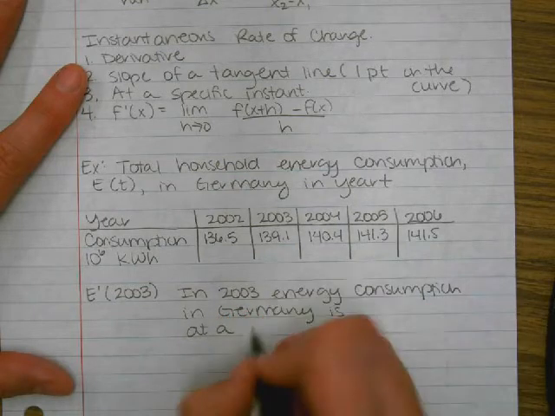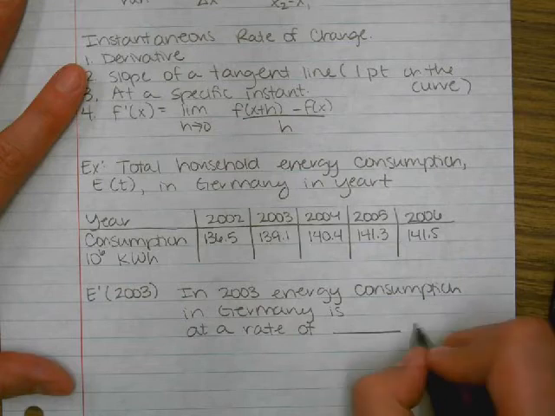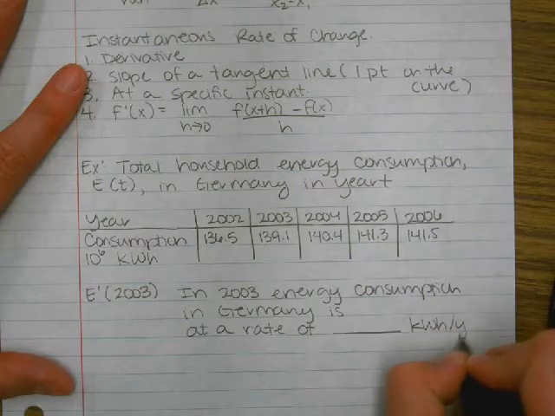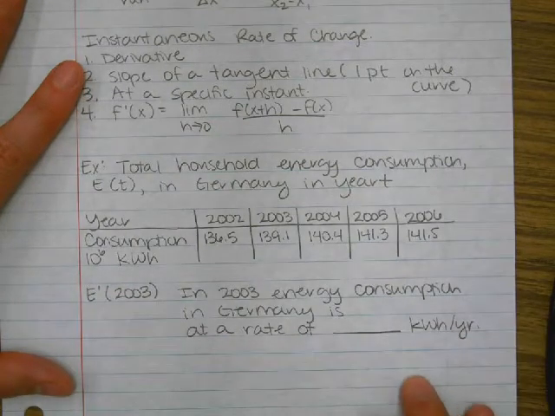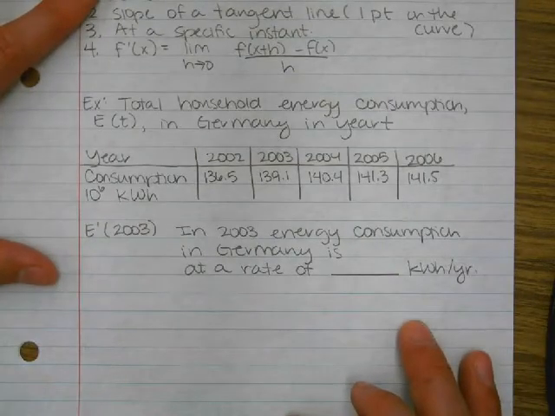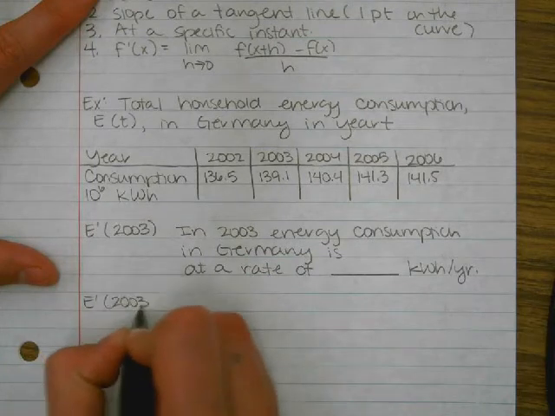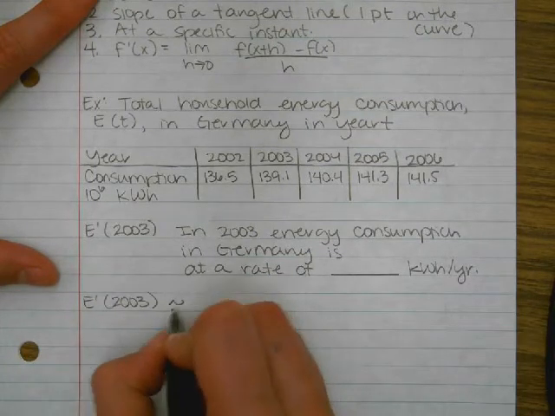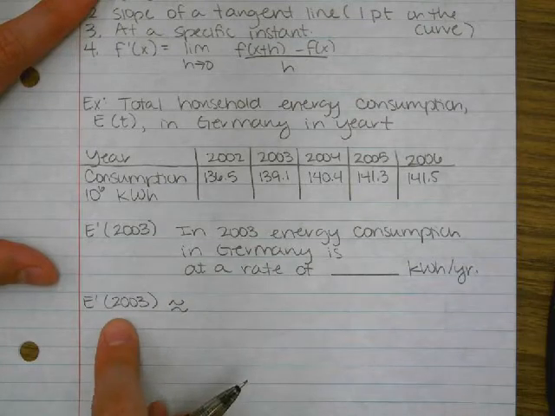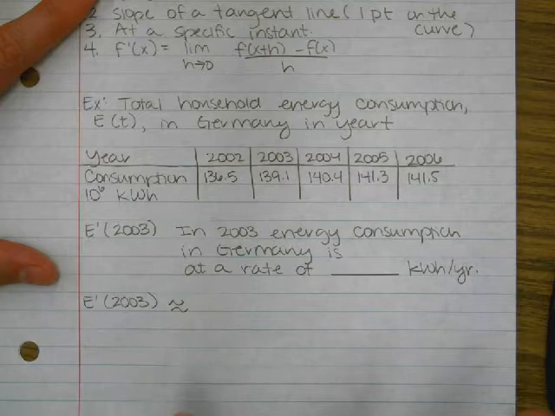At a rate of something kilowatt hours per year. Okay, so that's the instantaneous rate of change I'm trying to find. And to do that, we're going to use our old school slope formula. And so I'm going to say that the instantaneous slope is approximately this number because this is not an accurate number whatsoever.